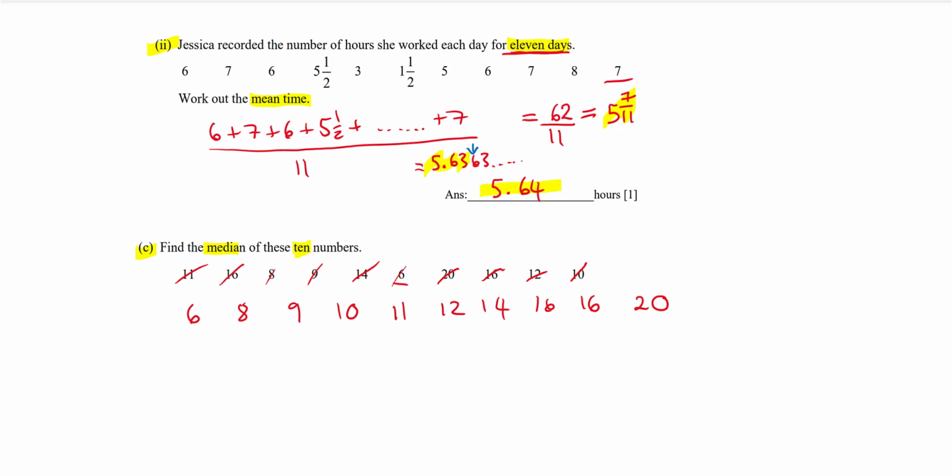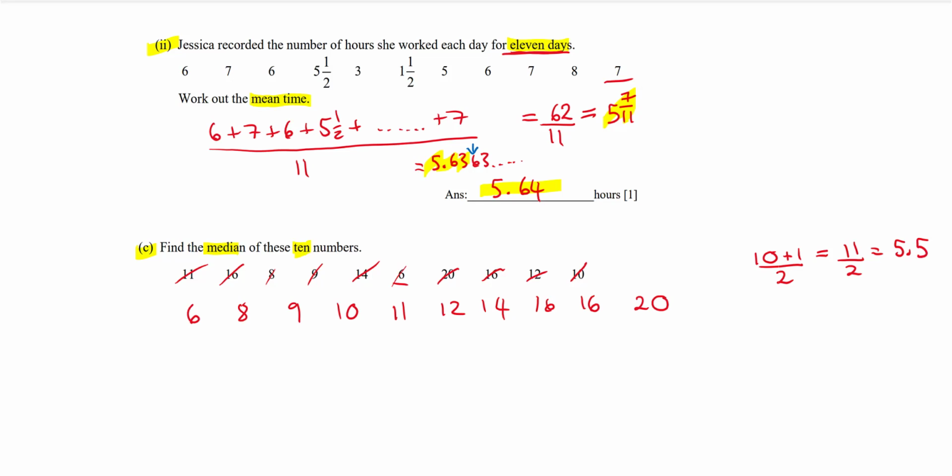So now we want to find the middle numbers. So we've got 10 numbers. So to find the middle number, you can just take the amount of numbers we've got, which is 10. If we add 1 and divide by 2, that is going to be 11/2, which equals 5.5.